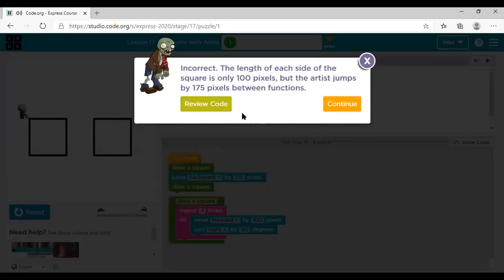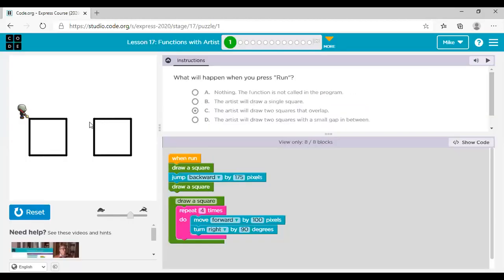Look at that. Let's just quickly review. So we were here, we drew our first square, we jumped all the way over here, 175, and then we drew our second square.